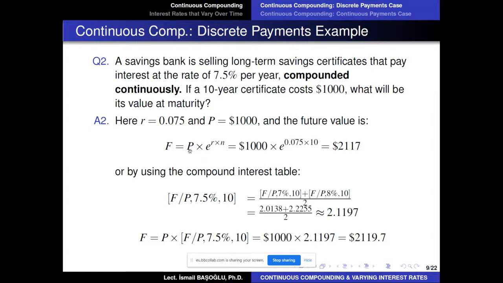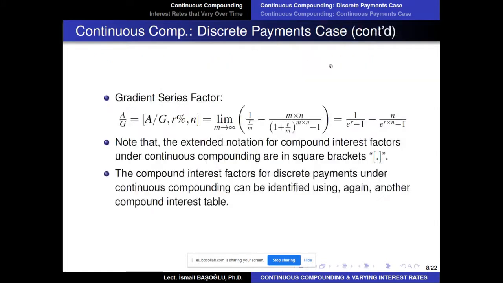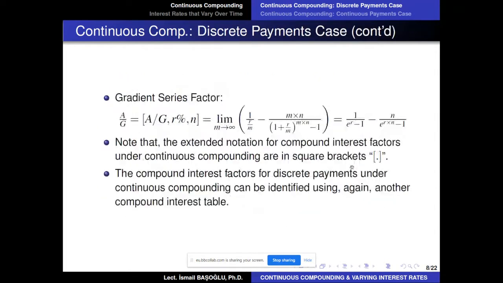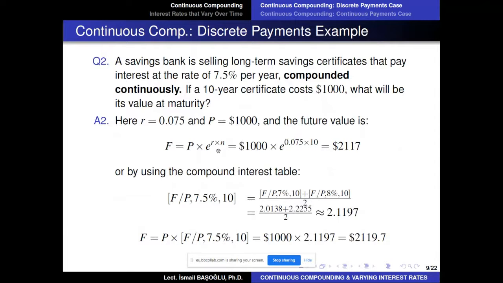Okay, so we are just going to multiply the principal with the single payment compound amount factor, which is e to the power Rn, if you remember pages ago. So let me show that. F over P is equal to e to the power Rn. So we are just going to multiply principal with e to the power Rn, and 1,000 will be multiplied with e to the power the nominal interest rate as decimal, which is 0.075, and the 10 is also in the power, which is the number of investment years, and your money will become 2,117.